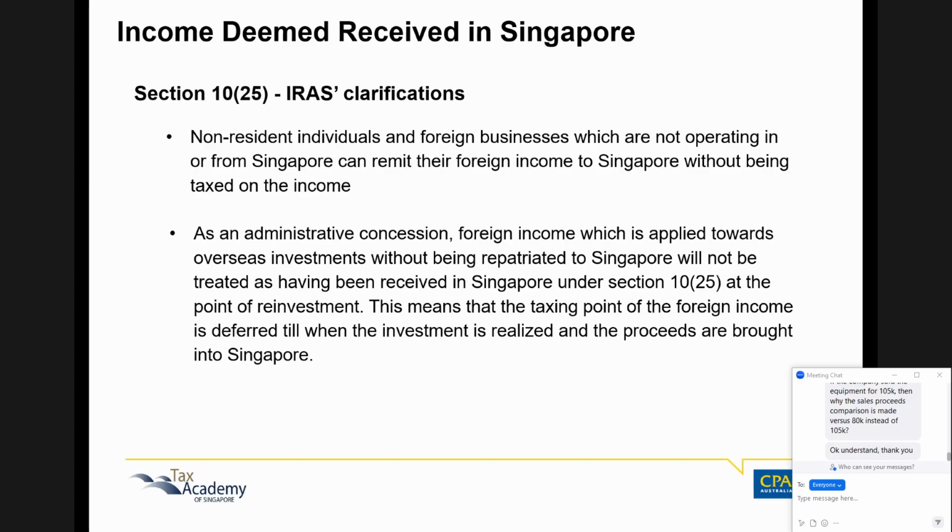Then as an administrative concession, foreign income that's applied towards overseas investments without being repatriated to Singapore will not be treated as being received in Singapore. So the taxing point of this foreign income is deferred until the investment is realized and the proceeds are brought into Singapore. So this is what section 10(12) is about.